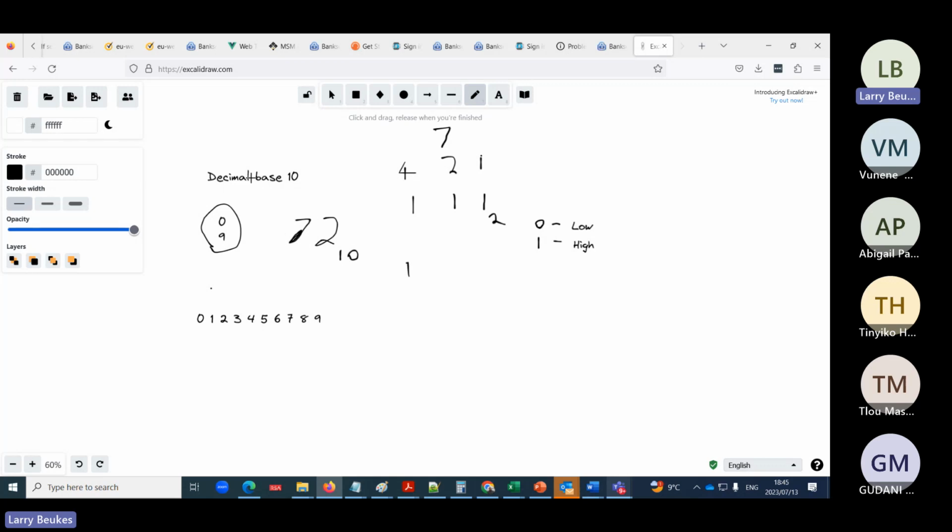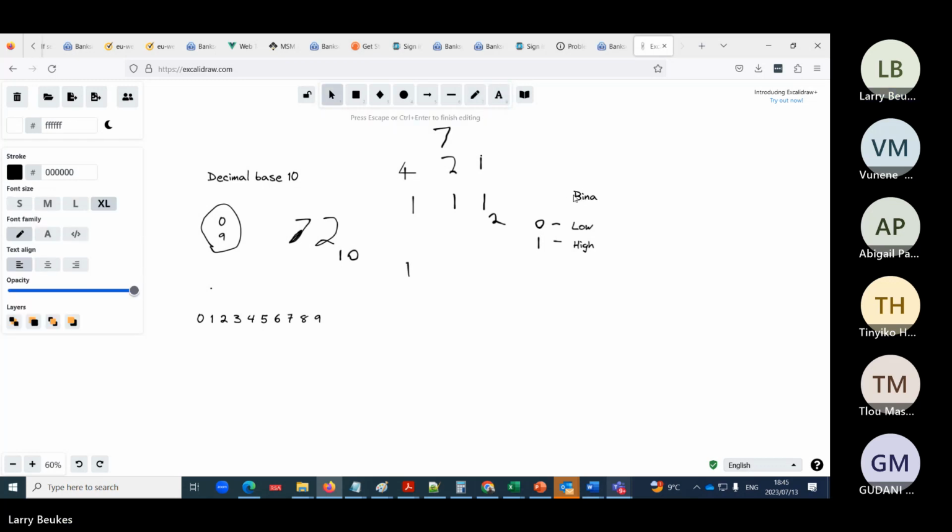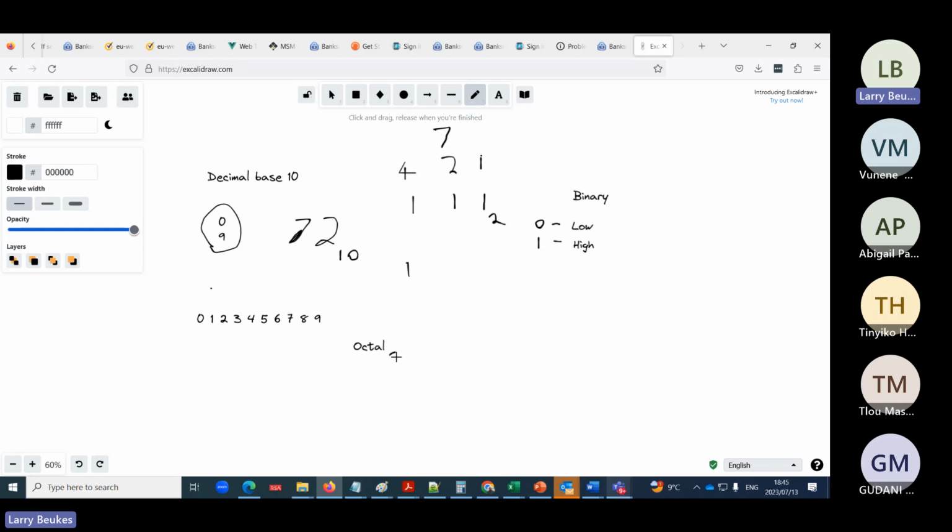So now we looked at decimal. Let's write it here. Binary. Then the next one from here is octal. Now octal, what do you call that shape? An octagon has 8 sides, right? So it means octal is to the base 8.